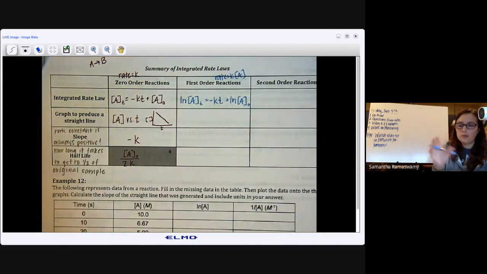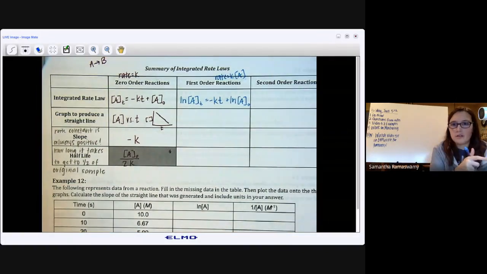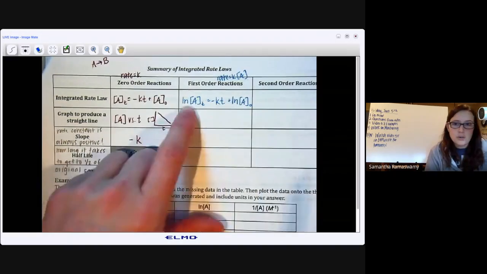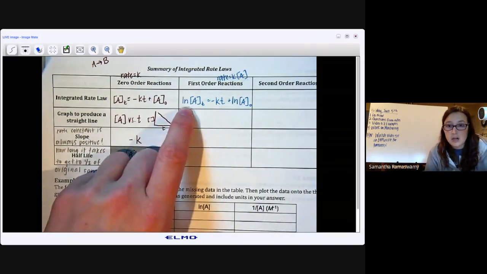Again, I manipulated the equation to make it look like the equation of a line. On your equation sheet, it's ln of A sub t minus ln of A initial equals negative kt. It's the same thing. ln is just a mathematical process. So natural log on your equation sheet is first order.